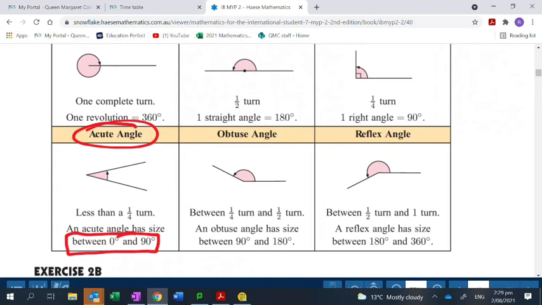It's smaller than a right angle, right? So it's a cute little angle. Oh, that's so cute. Does that make sense? Between 0 and what? Can't be 90. Why? So it's up to 90. It can't be 90 because if it was 90, it would be a right angle. But it's between 0 and 90. Those are the boundary points.